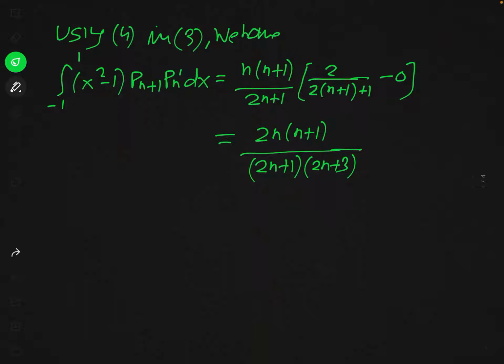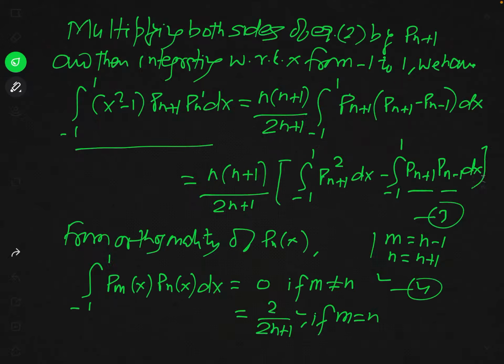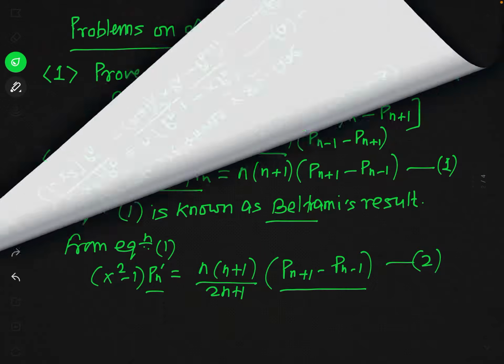And this is the result which we have to prove. So you have seen how easily we can solve such problems if you remember the recurrence formula and the orthogonality of Legendre polynomial. So now let us see the solution of the second problem.